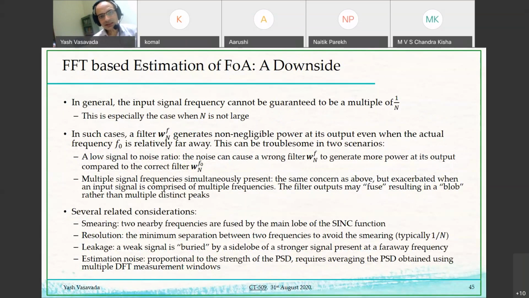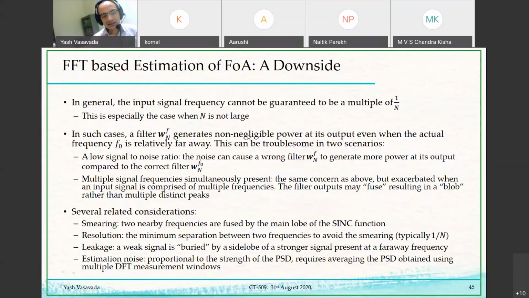In general, we cannot guarantee that the signal frequency is going to be this nice ratio k divided by n, especially when capital N is small. If n is large, then yes, maybe. But what is very large versus small is subjective to some extent. What we can say is that in general, this optimality because of the Cauchy-Schwarz inequality would not happen.